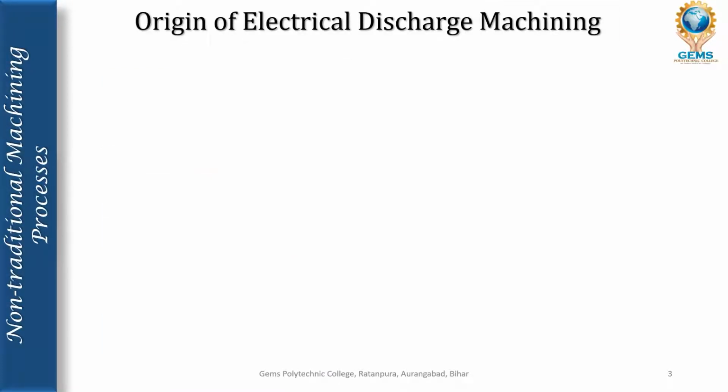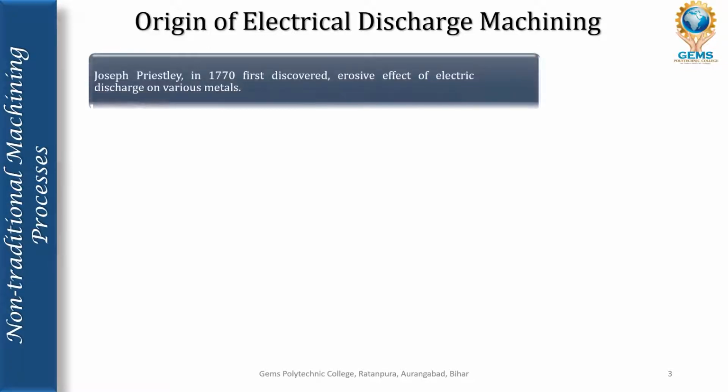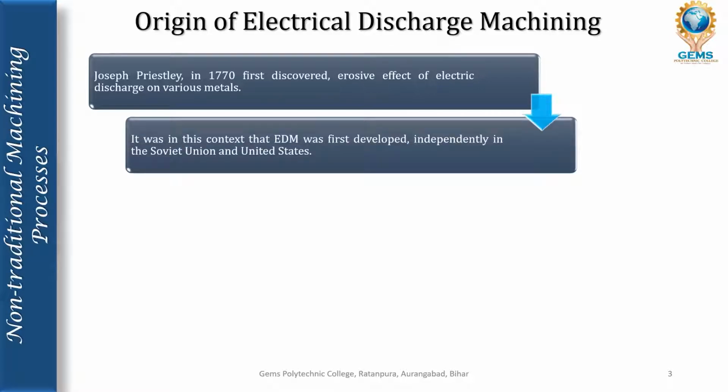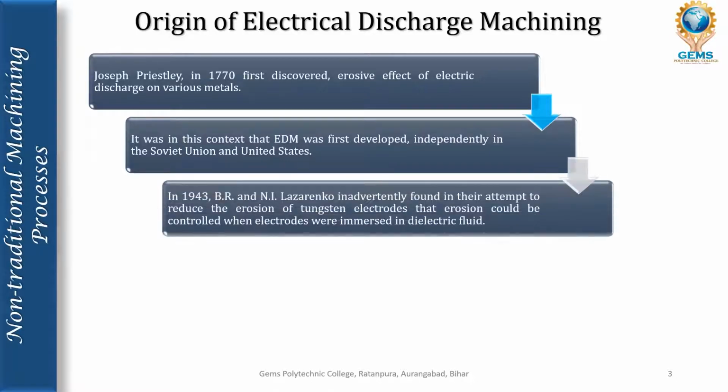Let's see how electrical discharge machining came into existence. Initially, Joseph Priestley in 1770 first discovered the erosive effect of electric discharge on various metals. It was in this context that EDM was first developed independently in the Soviet Union and the United States.